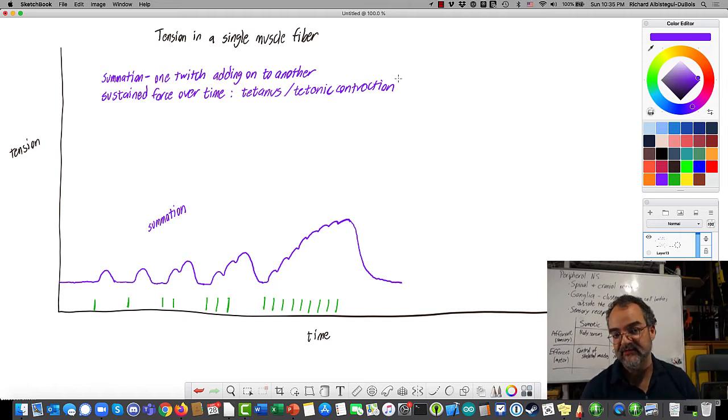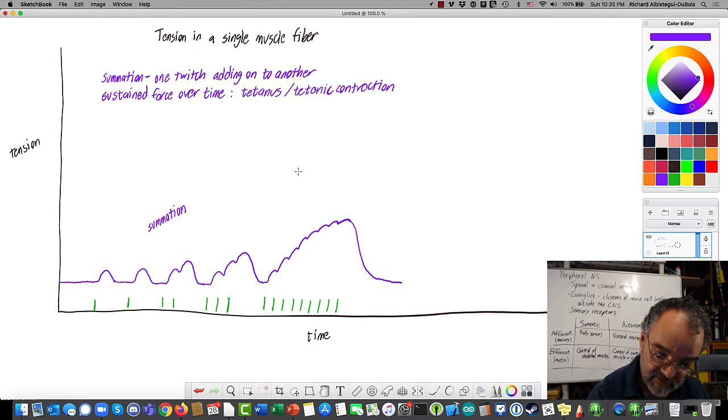We have put this fiber into tetanus in this example. Specifically, this is what we call an unfused tetanus.